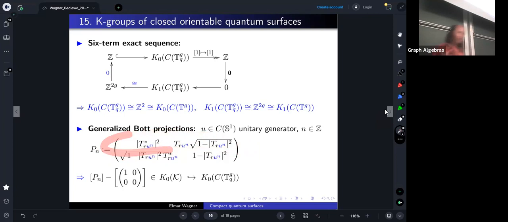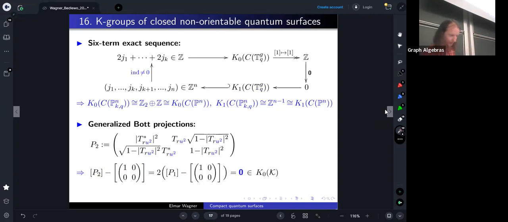Well, I call them spot projections because they're really very close to the spot projections on a disk. And to live in the ideal, we have just to take the spot projection minus its rank, and then we have generators, which look pretty complicated if you think about complex projections on a one-dimensional space as a generator.